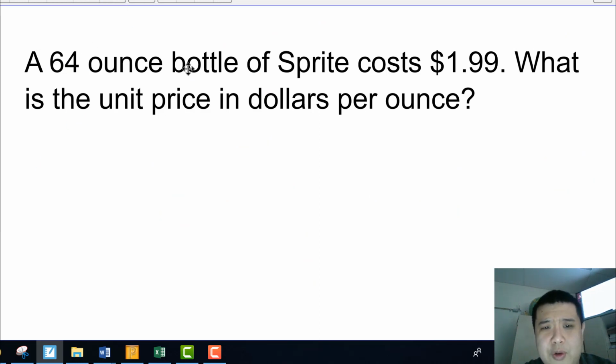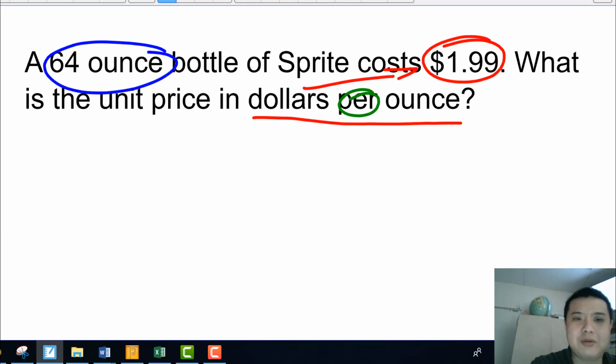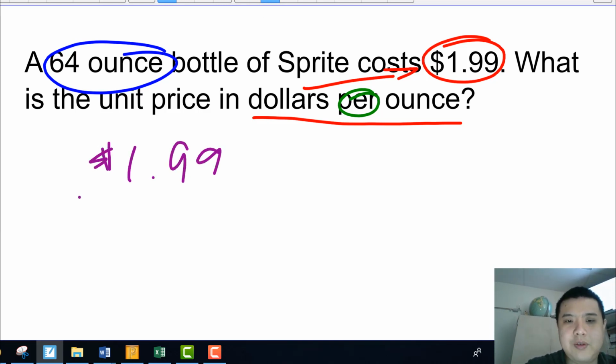A 64-ounce bottle of Sprite costs $1.99. What is the unit price in dollars per ounce? Again, we have dollars per ounce right there. So therefore, we're going to take this amount, the dollars, and divide by the number of ounces, because it says dollars per ounce. So therefore, we're going to do $1.99 divided, because per, 64.